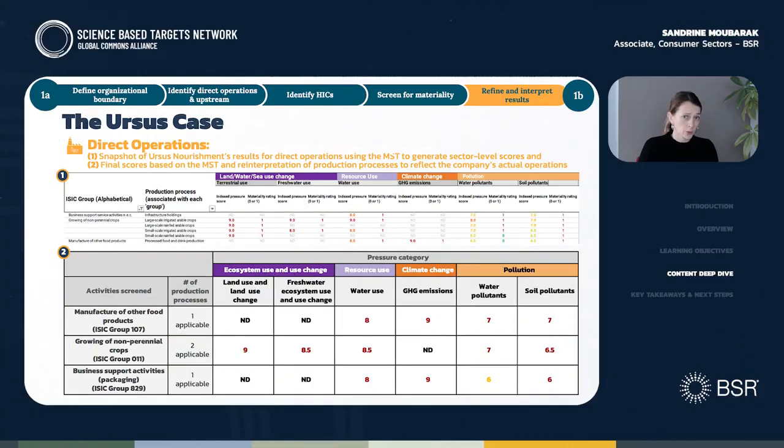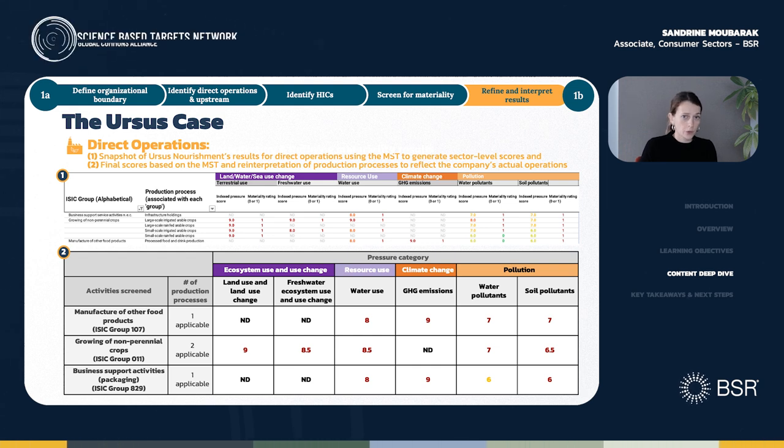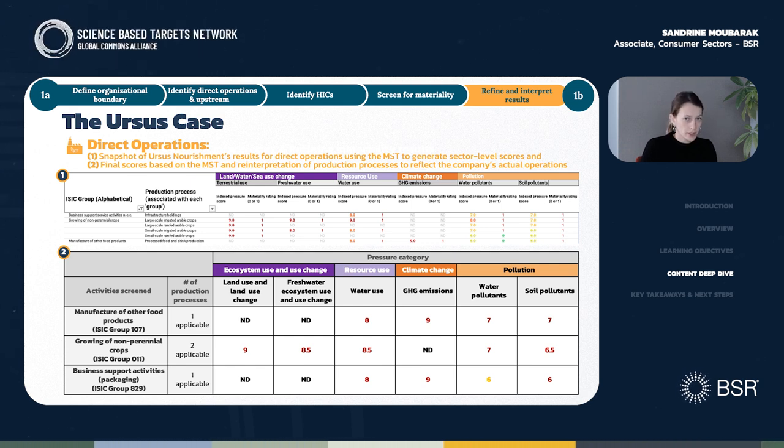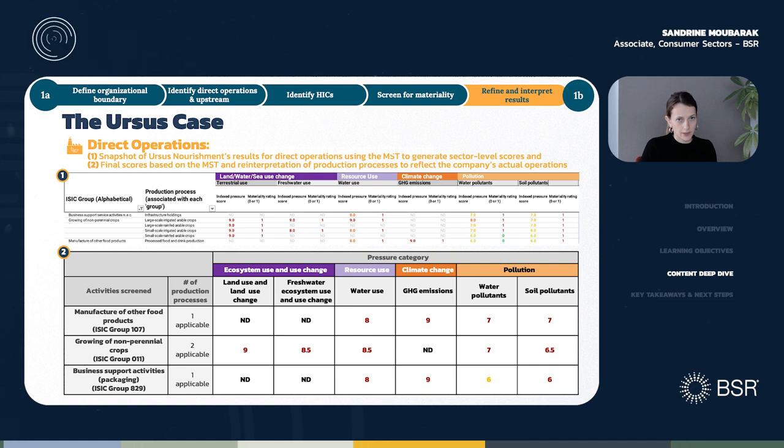When looking at the group category, growing of non-perennial crops, it seems there were multiple production processes associated. After some consideration, they took the average value of all the production processes that apply to the company, or the value of the relevant production process if only one applied to the company.